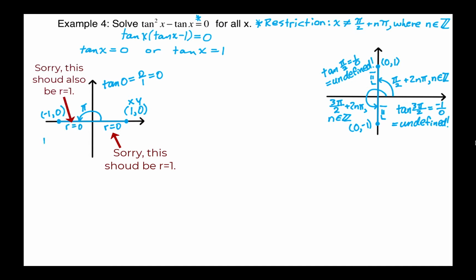Notice that when you do the tangent of pi, you get 0 over -1, which is also 0. So it's 0 plus n times 2 pi or pi plus n times 2 pi. And again, we're adding multiples of 2 pi because that gives you all the coterminal angles with the original two solutions.